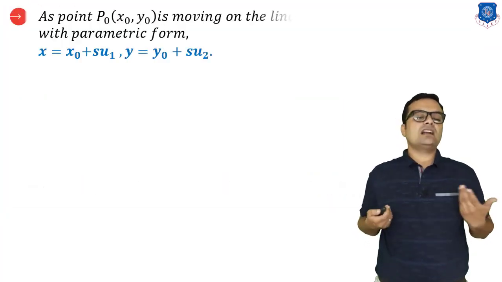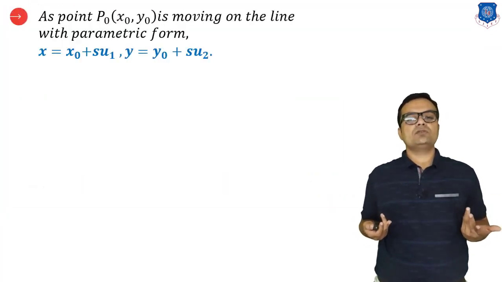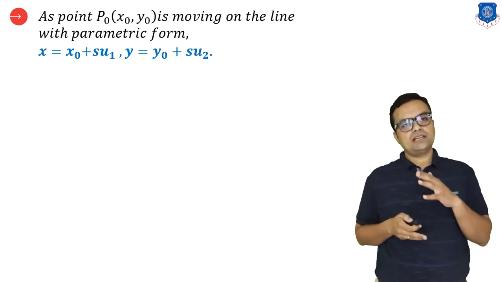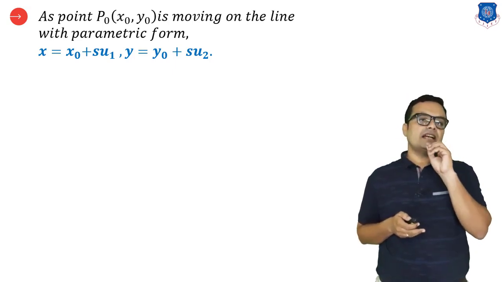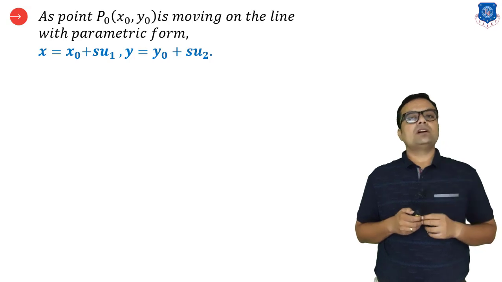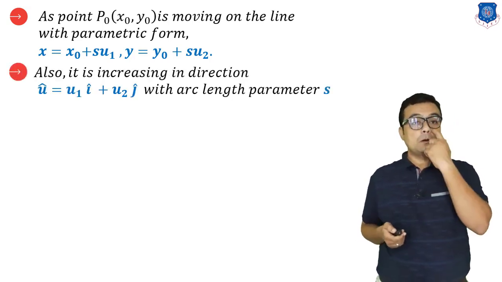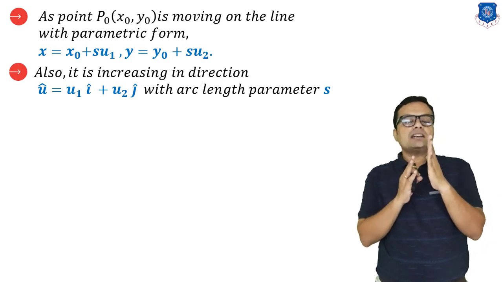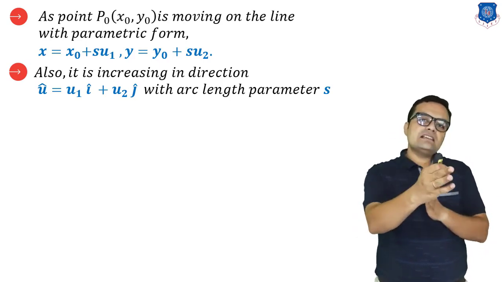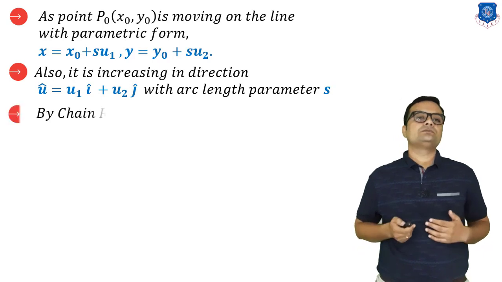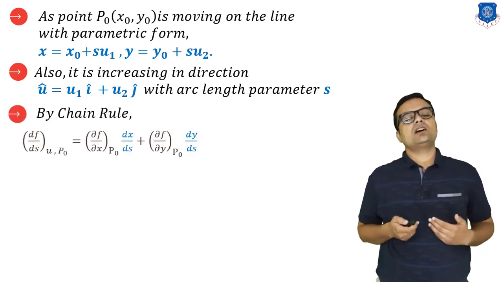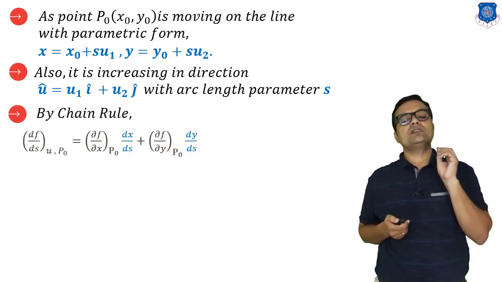Now let us consider another, much more familiar way of defining directional derivative, in the form of gradient. If I fix that line in parametric form as x equal to x0 plus s u1, y equal to y0 plus s u2, and if I take the arc length parameter s, which is increasing in the direction of u, then by chain rule I can now define function f in terms of s.